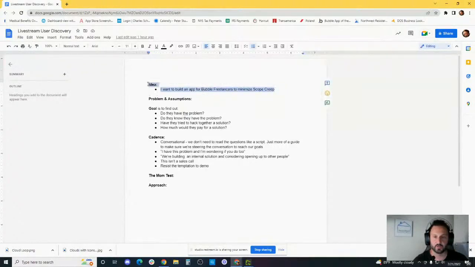Right. I want to build an app for Bubble freelancers to minimize scope creep. So scope creep, for those of you that don't know, is when you're building an app for a client or your job, right? Or your employer, somebody that you work for, and they keep asking for additional features. Oh, can you just do this?